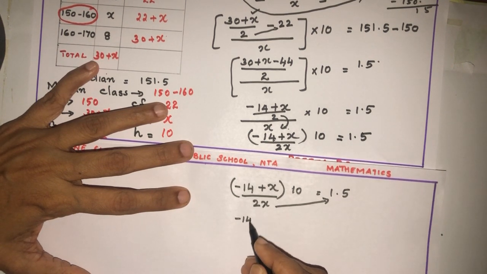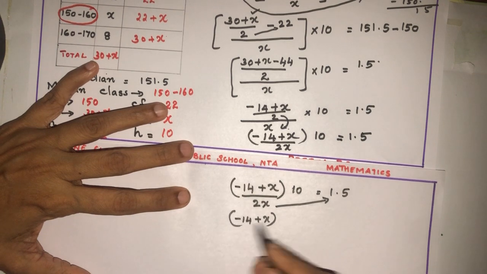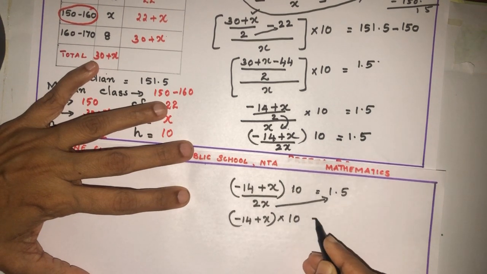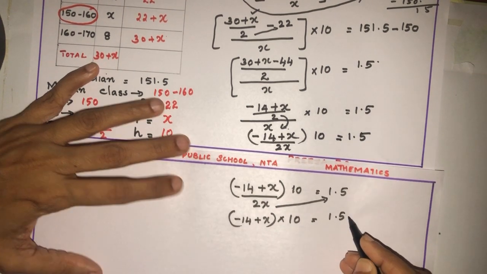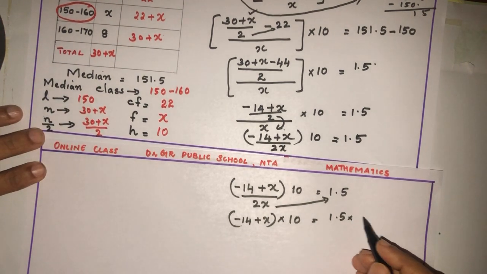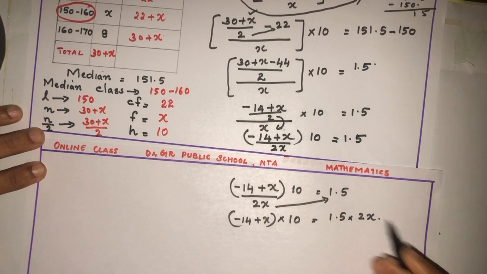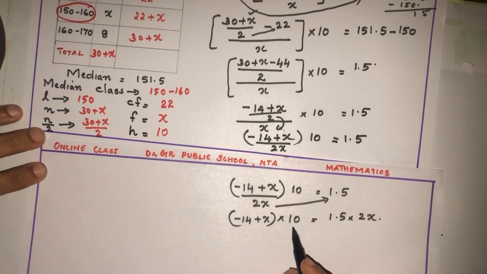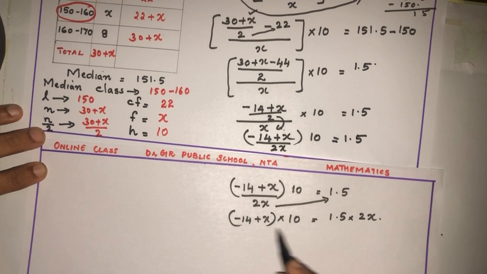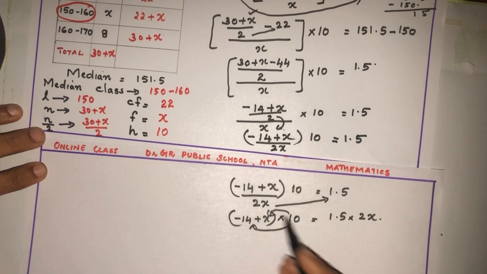So minus 14 plus x into 10 equal to 1.5 into 2x. So we can multiply these two terms by 10 by opening the bracket.